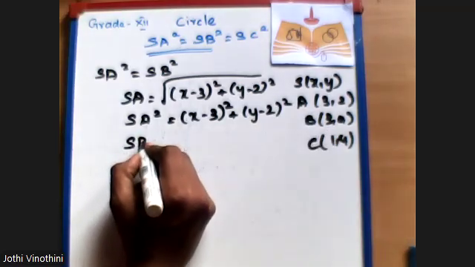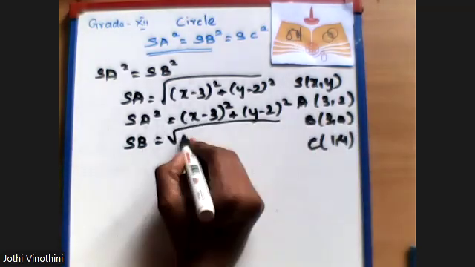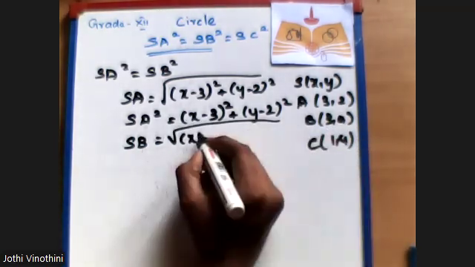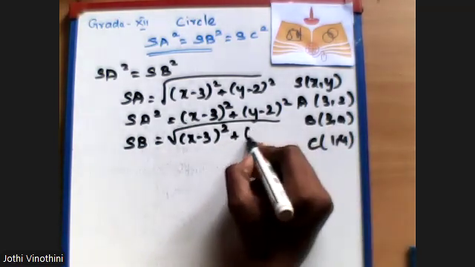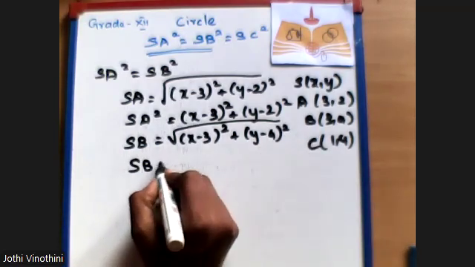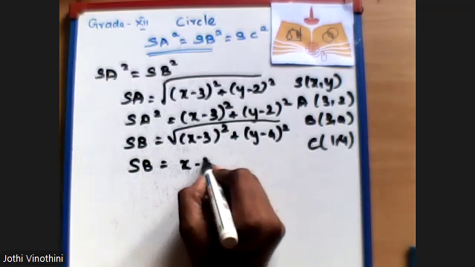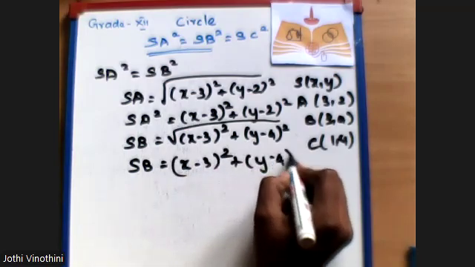Similarly, SB equals square root of x minus 3 the whole squared plus y minus 4 the whole squared. So SB squared equals x minus 3 the whole squared plus y minus 4 the whole squared.